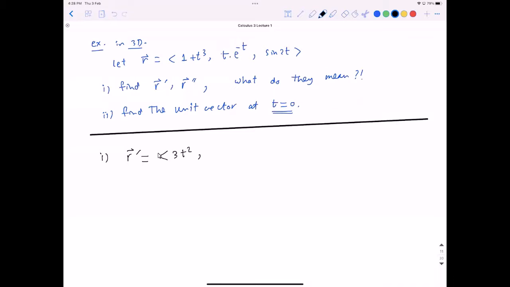Next, t times e to the power negative t. What will this need? I think there is a rule for this, which is the product rule: the first times the derivative of the second, plus the second times the derivative of the first. So in one term, one factor is differentiated, the other is not, and vice versa. So let's do t times the derivative of e to the power negative t.